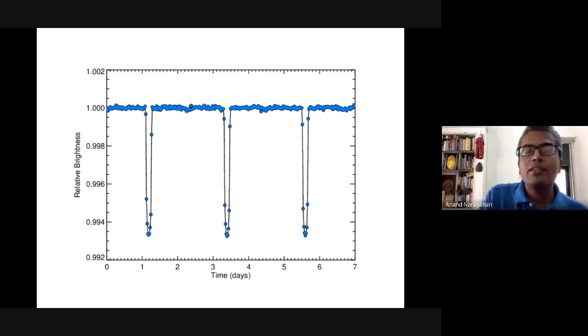So one star's brightness is continuously monitored, and you see that the brightness is not changing, but suddenly the brightness dips for a small duration of time, and then comes back up again. Then again it remains constant, then again it dips and comes back. How deep this dip is, how much the light from the star dims, depends on the ratio of the size of the planet to the star.